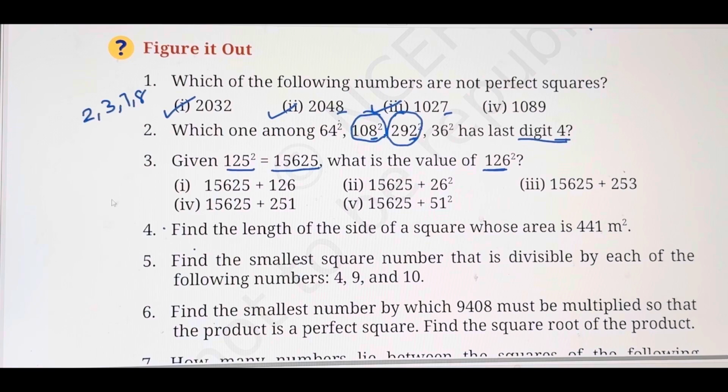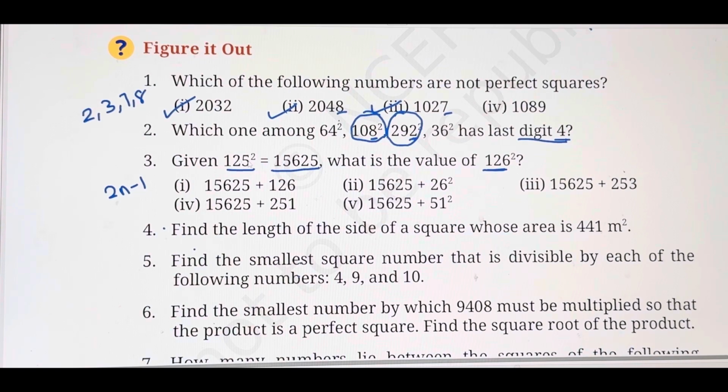So if you remember, the formula was 2n minus 1, right? This is based on the fact that the sum of odd numbers gives you square numbers, okay? And based on that, 125 square is 15625. So next number is 126.